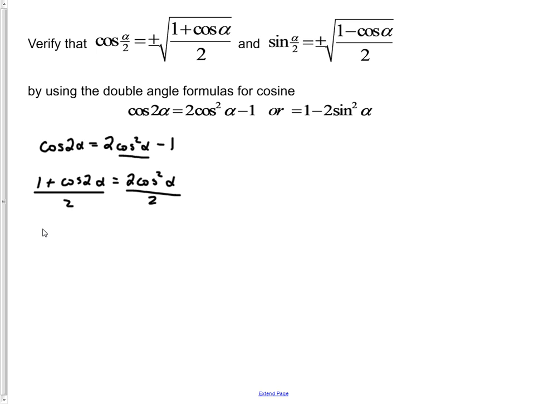And we end up with this formula. The square of the cosine of alpha is equal to 1 plus the cosine of 2 alpha divided by 2.